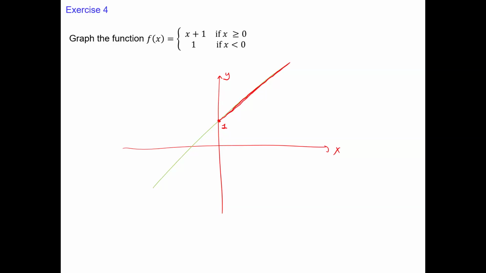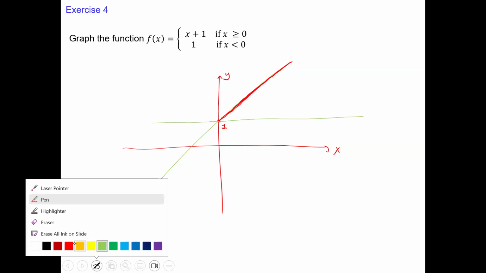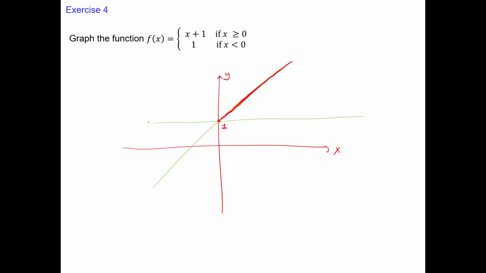And then the constant function 1 looks like this, and we can only accept it when x is negative. The red graph is the graph of the above function. We're not looking at the green parts, okay? That's how you can draw a piecewise defined function.